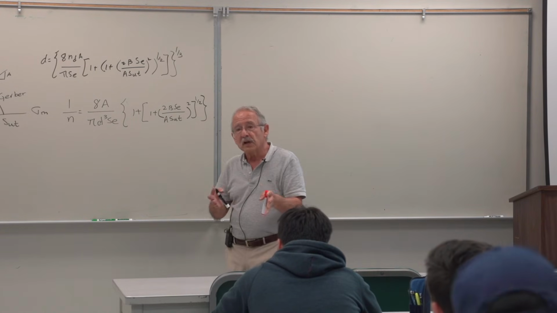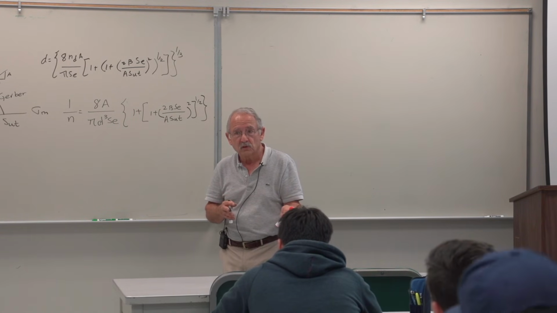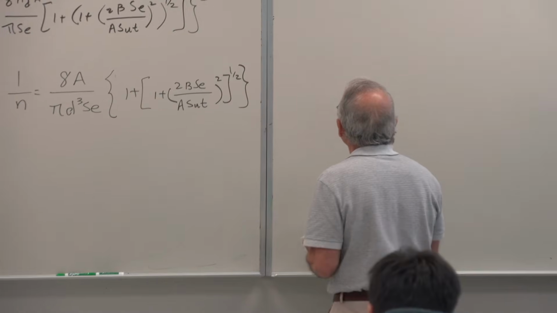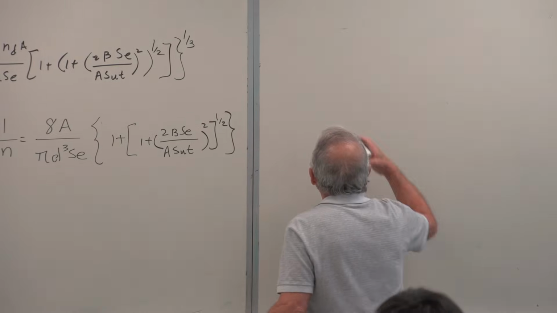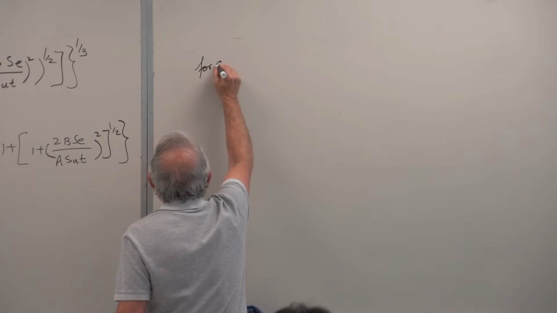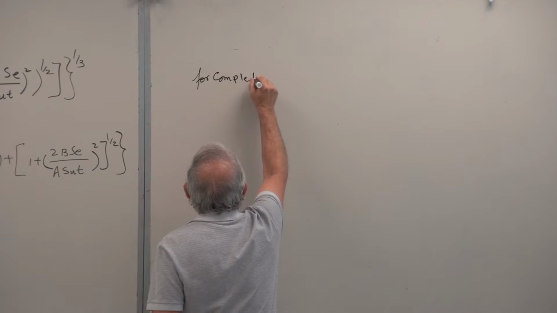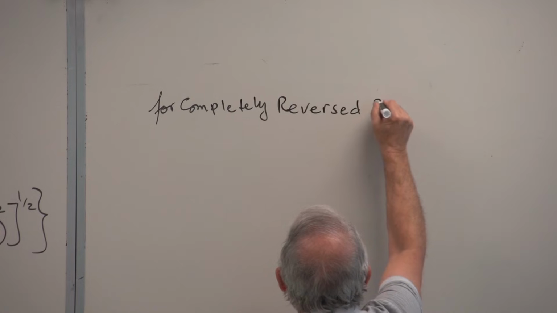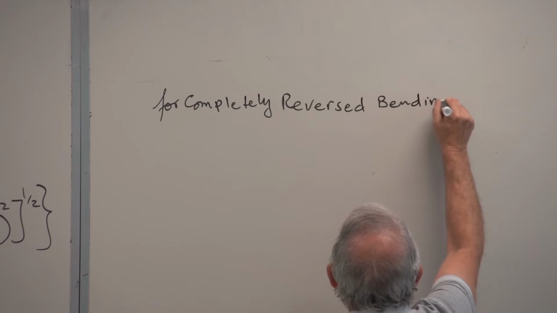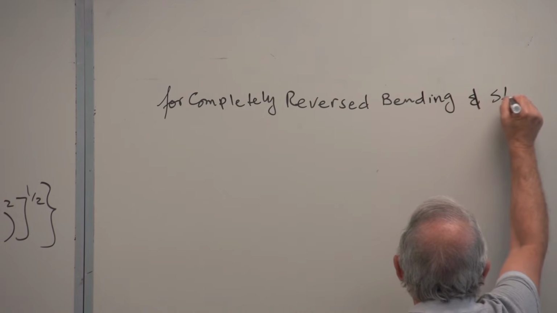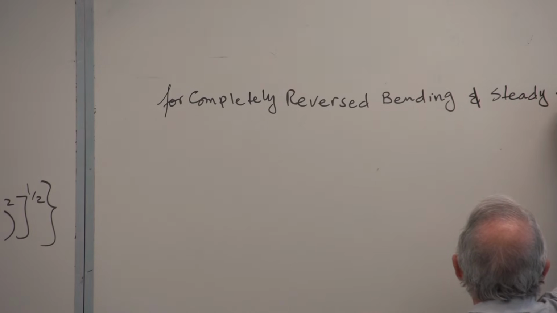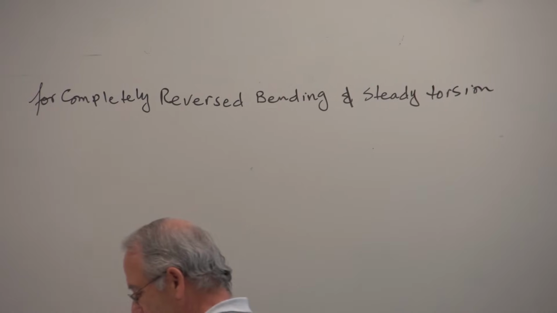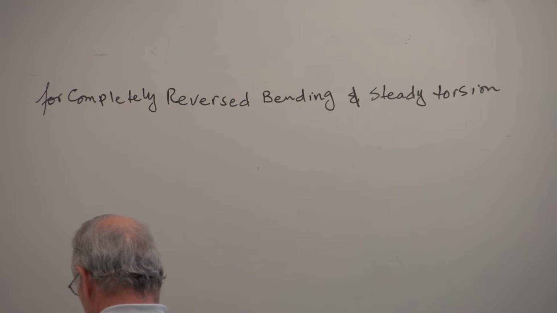And the torque that's being transmitted is a constant. So if that's what we have, for completely reversed bending and steady torsion, we will have these equations.